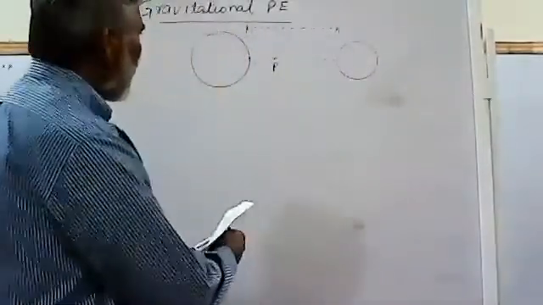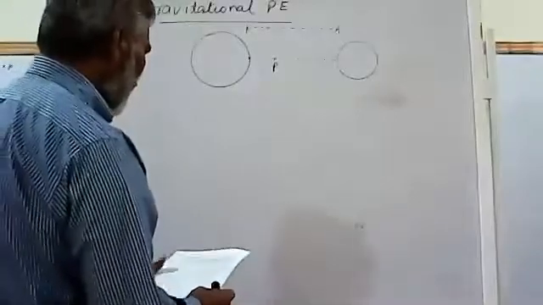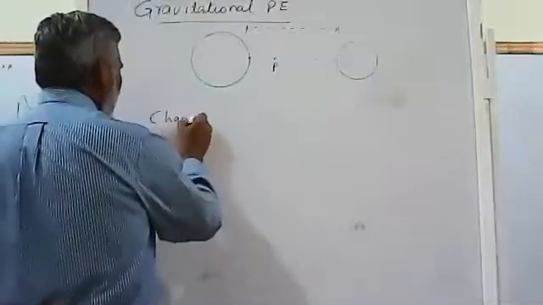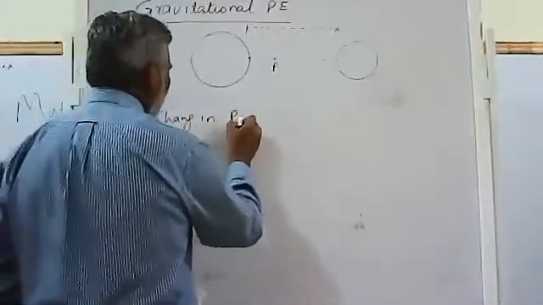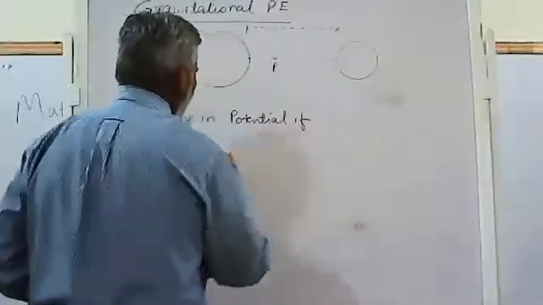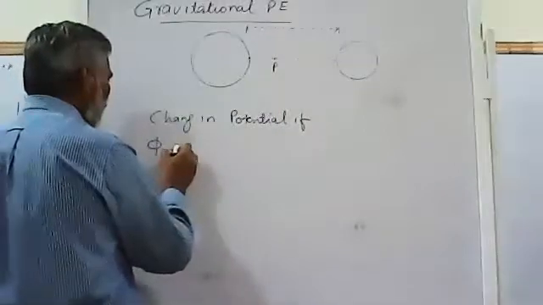In this question, they have given us two values of potential. What is the change in potential if initially its value is phi 1?